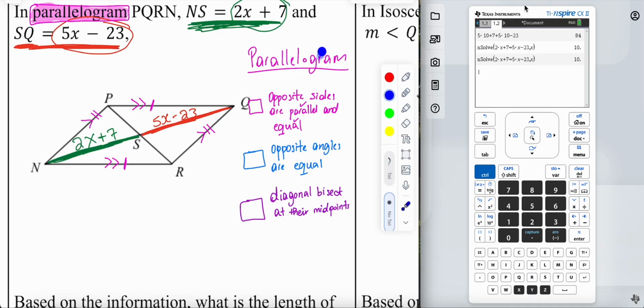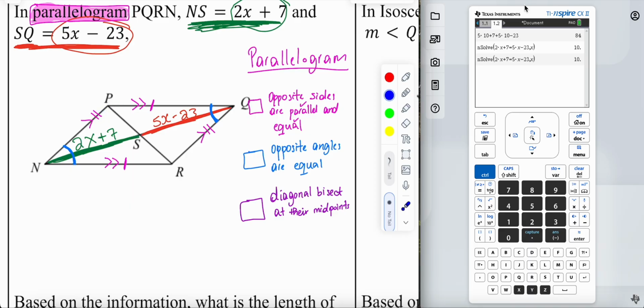Now, based on parallelogram theorem properties, they are equal to each other. So, for example, if angle N measures 100 degrees, then angle Q has to also measure 100 degrees. Notice I put one mark just to show that these two are exactly the same.